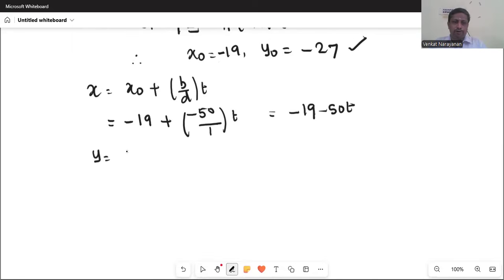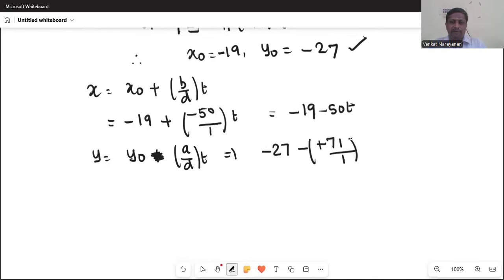Similarly, y equals y naught plus A by D into t. y naught is minus 27, and A is 71, divided by 1, times t.